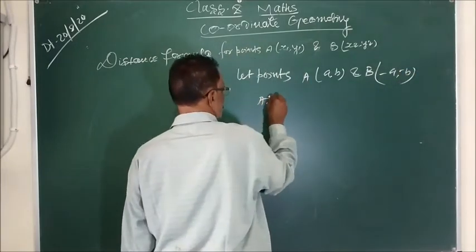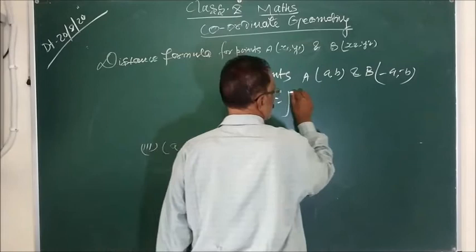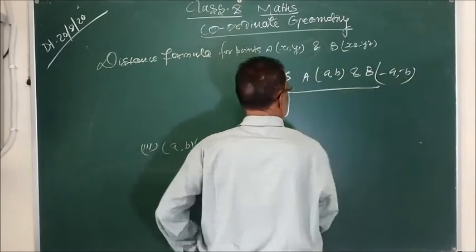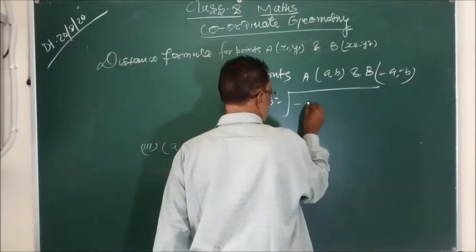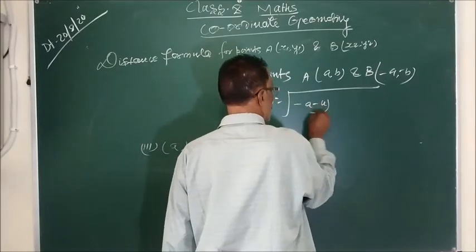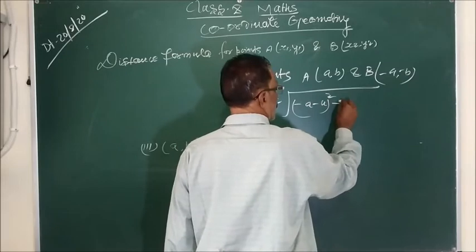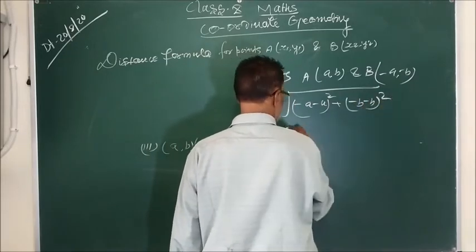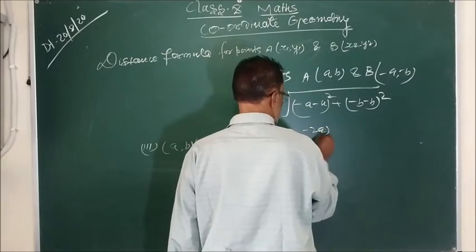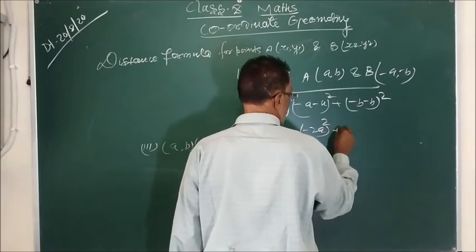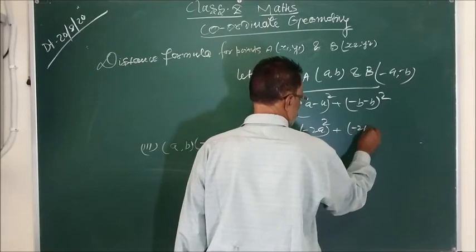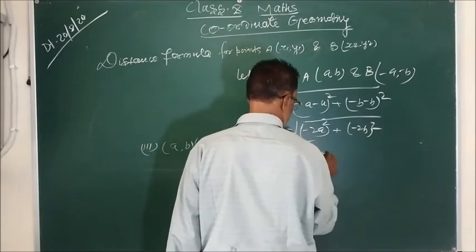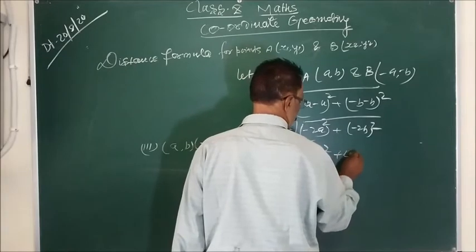Now AB is equal to the same formula, x2 minus x1 whole square, this minus this or this minus this. This will become -a whole square plus -b whole square. This will be -2a whole square and this will be -2b whole square. And this will be 4a square plus 4b square.